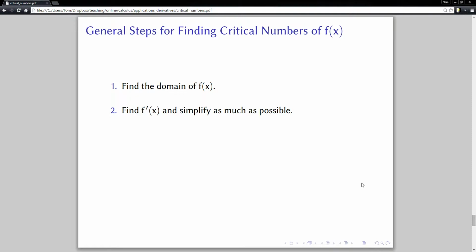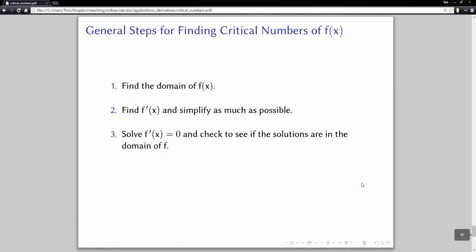A lot of times if you have fractions involved, you're going to have to simplify and get the derivative written as one big fraction. That's the preferable method. To be honest, step number 2 is the part that trips people up the most. It's not the calculus part, it's the algebra part, trying to simplify these expressions and get them into some useful format.